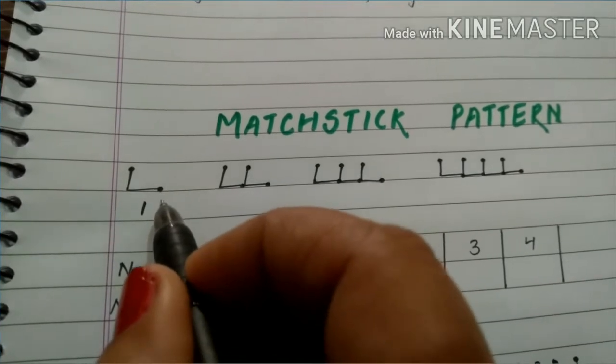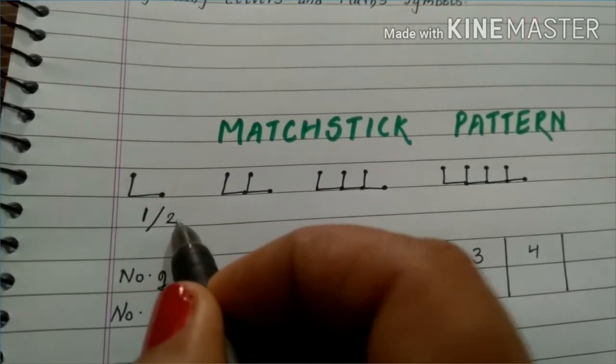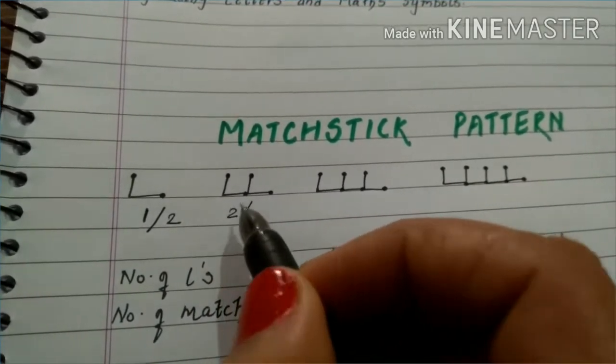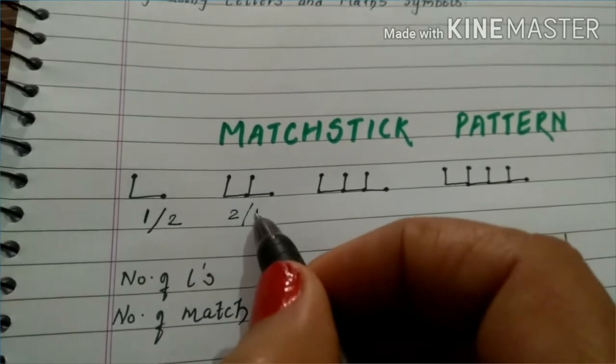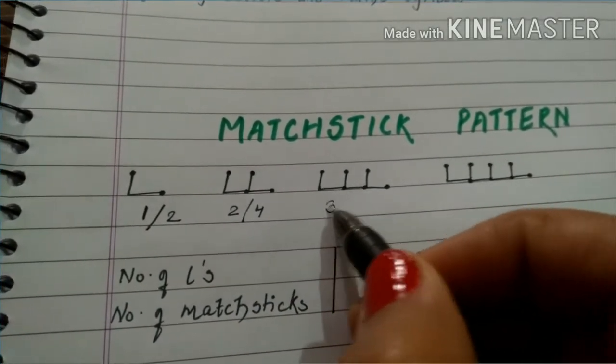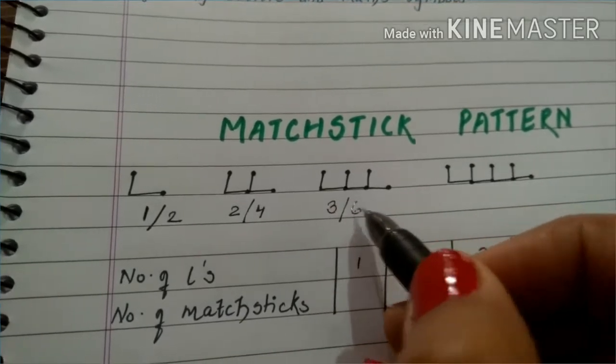Here it is 1 L, and how many matchsticks do we have here? 1 and 2. So we have here 2 L's with how many matchsticks? 1, 2, 3, 4. And here we have 3 L's with matchsticks 1, 2, 3, 4, 5, 6.